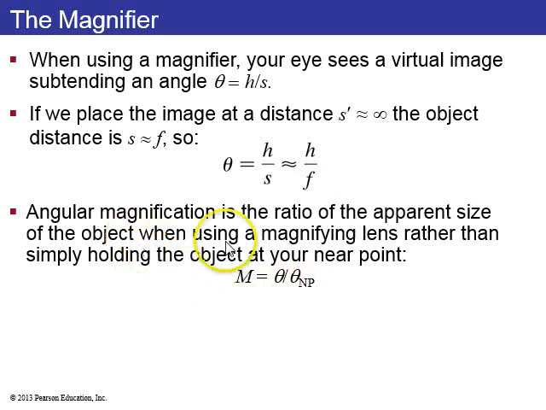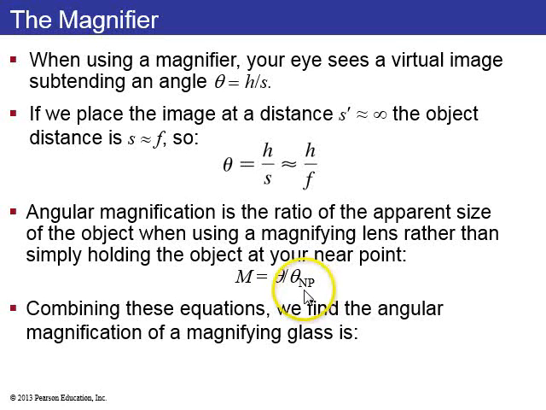And we call magnification the ratio of the angular size when using the lens divided by the angular size when it's just at your near point, which remember was theta near point, h over 25. So if you solve this all out, you get the magnification is 25 centimeters divided by f for a simple magnifier.